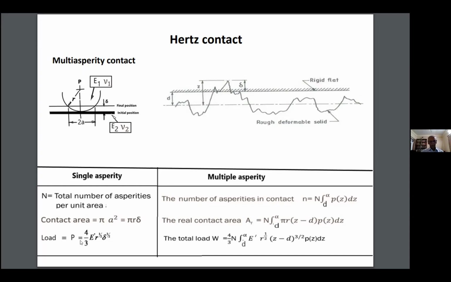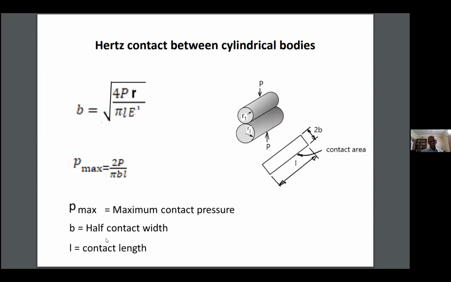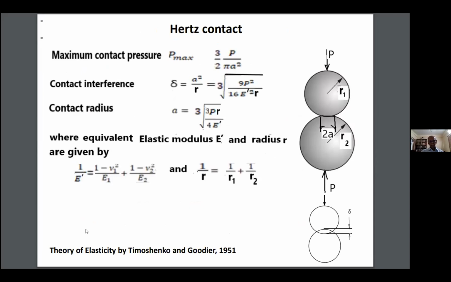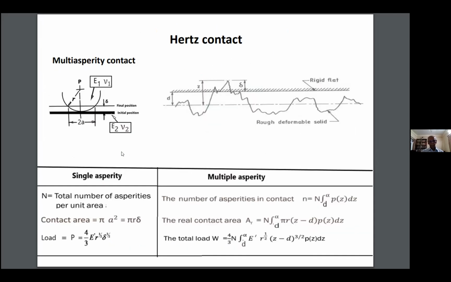For a single asperity, as we have seen before, P is equal to 4/3 E dash R to the half delta to the 3/2.